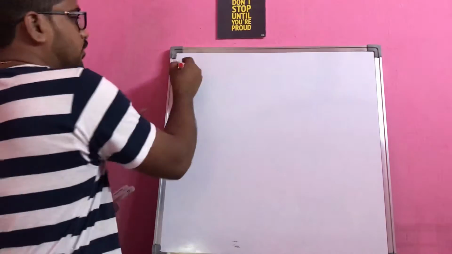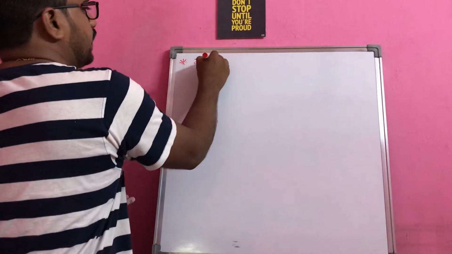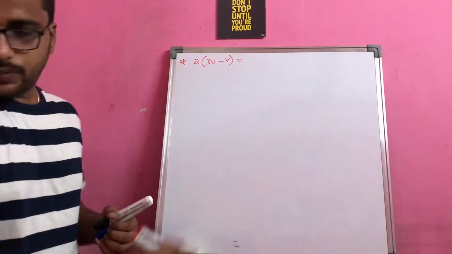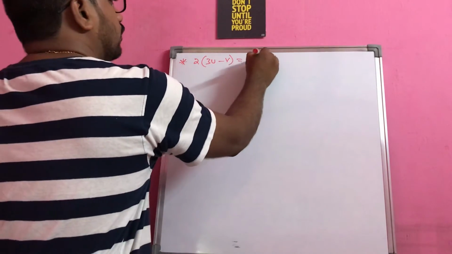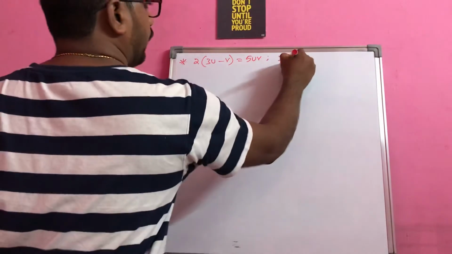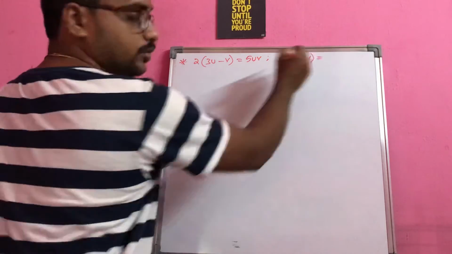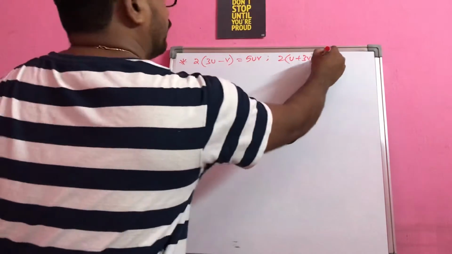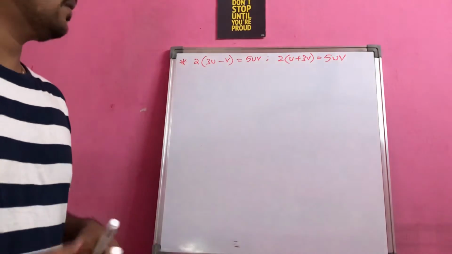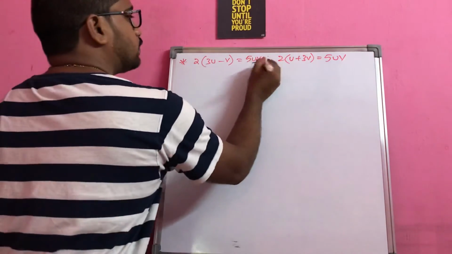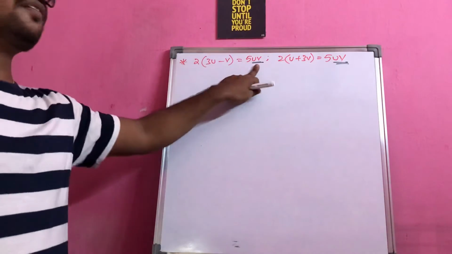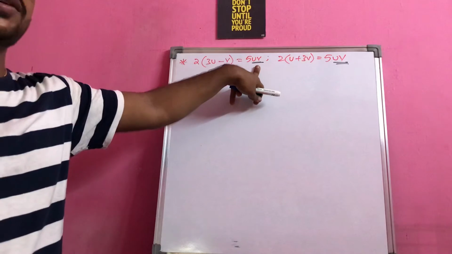See this. 2 times of 3u minus v is equal to 5uv. 2 times of u plus 3v is equal to 5uv again. Right? You just observe this question. This is one important model. You see this is product uv whose degree will become 2. So this itself is not in the standard form, so we have to reduce it further.